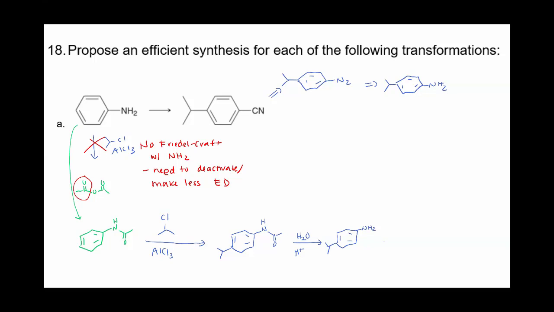And then we have to make that N2 using the, you can just write HONO, but that's the NaNO2 plus HCl. And then to get to here, we use CuCN. Questions there?